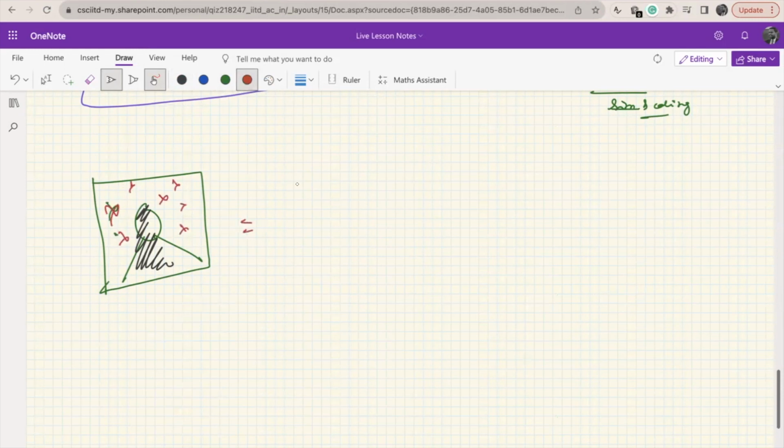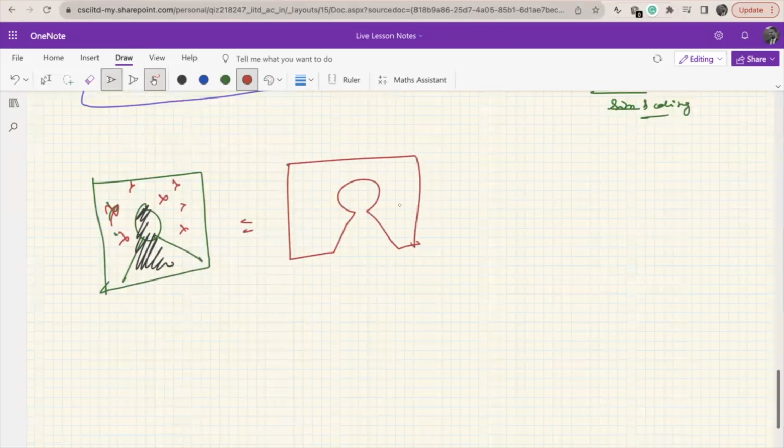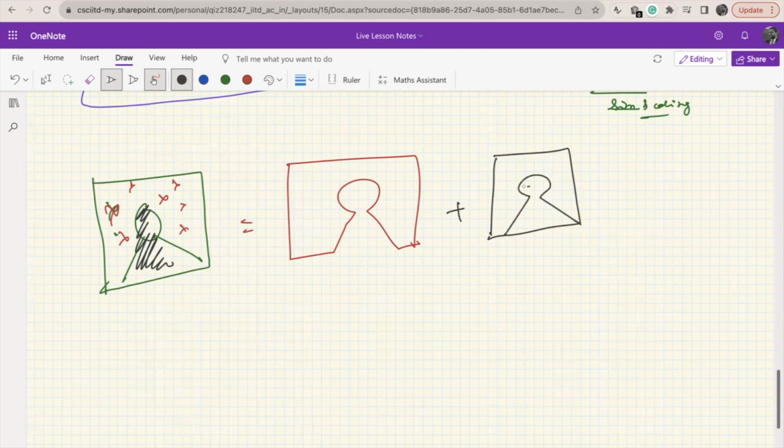You can say that this image consists of this part plus this part.